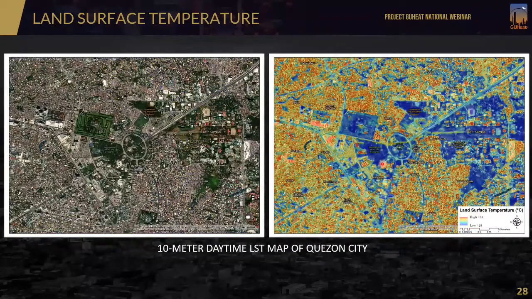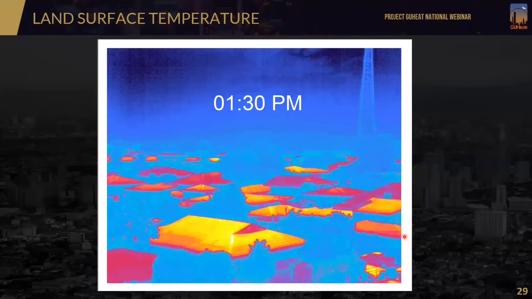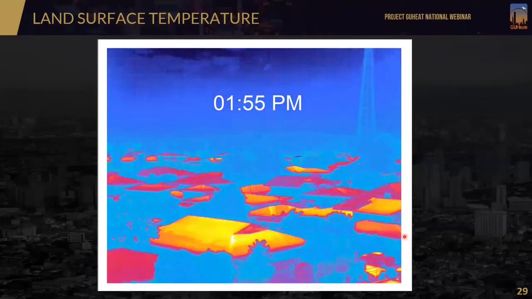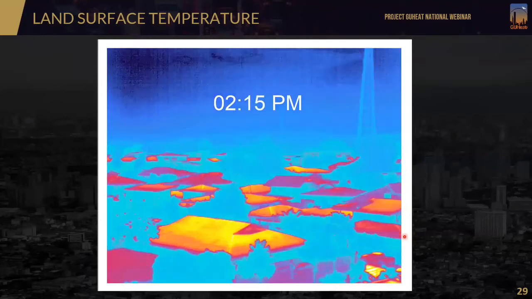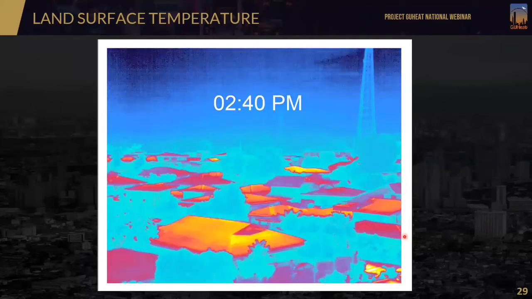Project GUHeat is also implementing algorithms in order to produce higher resolution land surface temperature maps, such as this one, showing the area of the UP Diliman campus. And we are also utilizing thermal cameras, which we deploy on drones or mount on tripods placed on top of buildings, to monitor the dynamics of land surface temperatures of rooftops, vegetation areas, and other things we can see in the neighborhood.